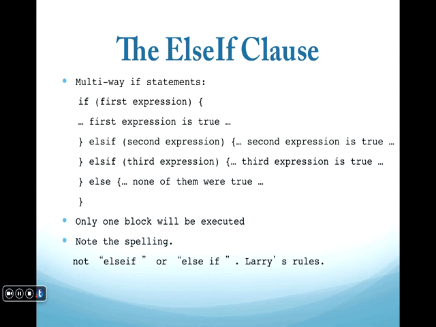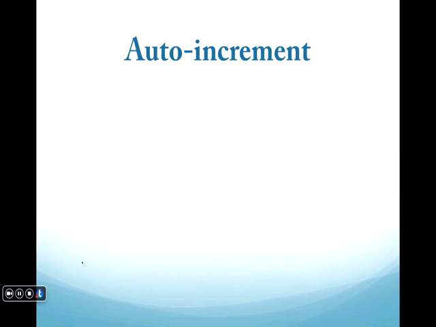Otherwise, go to the third expression, validate. If it's true, execute the expression and go out. Of course, this will be executed only one time. Otherwise, if neither the if nor the elsif is true, go and execute else. You have to pay attention here, the elsif doesn't have an e, so elsif is one word, and this is by Larry's recommendation.